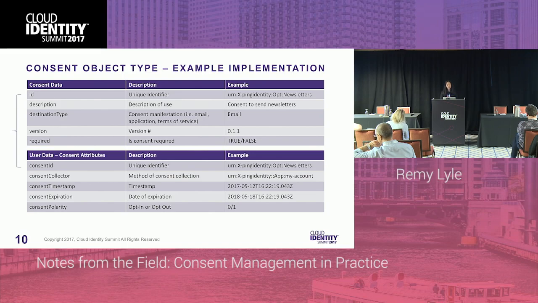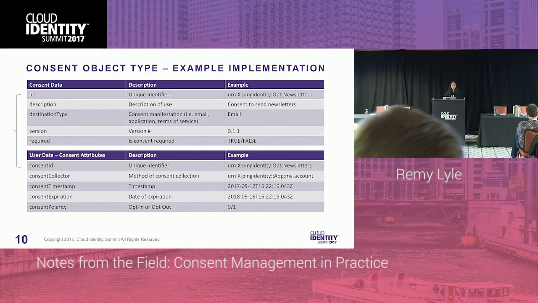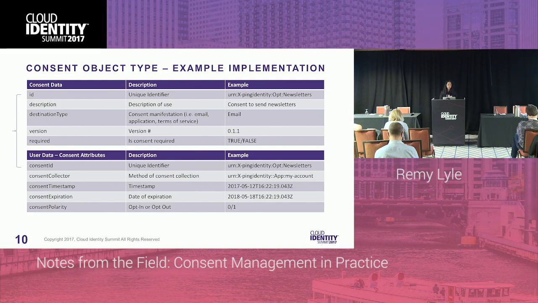So perhaps for a terms of service, you could say this is a terms of service and it manifests itself as a term of service that the user agreed to. Or if it's, for example, more at the OAuth scope attribute level, then maybe the ID is the actual attribute that you're having the user agree to share. But maybe it's an application that will actually receive that specific attribute. Is this required, true or false?